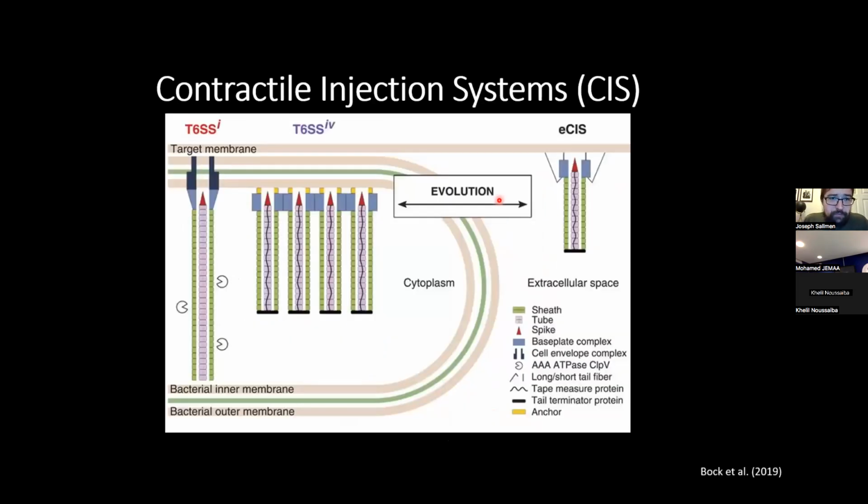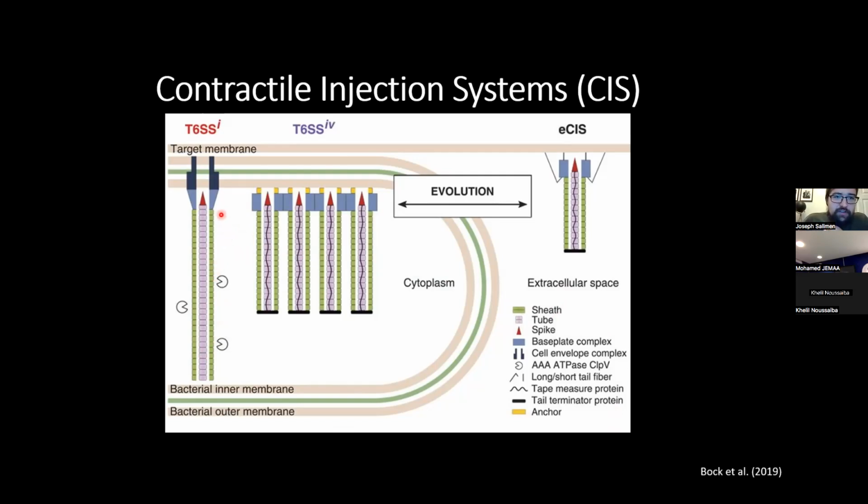To familiarize yourself with contractile injection systems, we have to think about setting the place. Down in this corner, it's not important that you know all of these things, but just to highlight what they are, you have this sheath, which is surrounding a tube. This is 3D, so you want to think of it as sort of a cylindrical object, and this is a cross section of that.